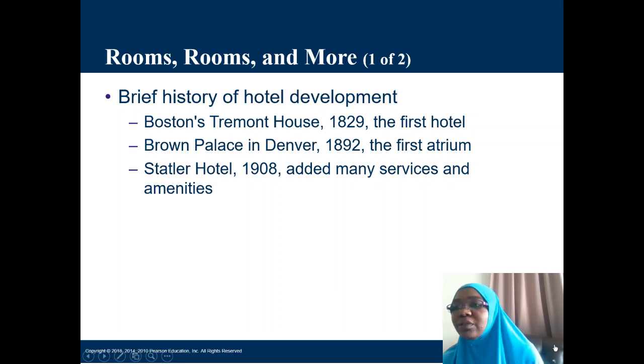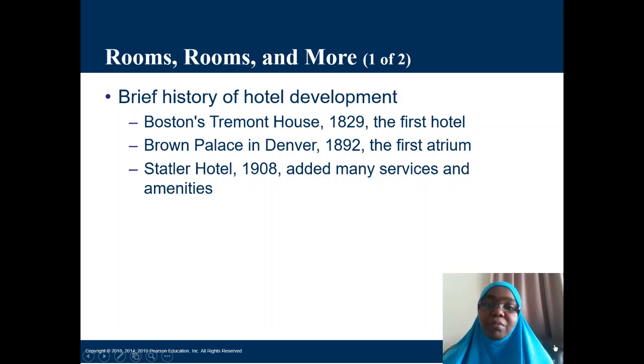The history of hotel development started largely in the US, which is where the term hotel originated. So we can say the Boston Tremont House, which was started in 1829, was the first hotel in the US.